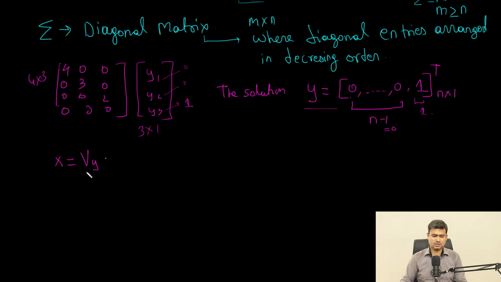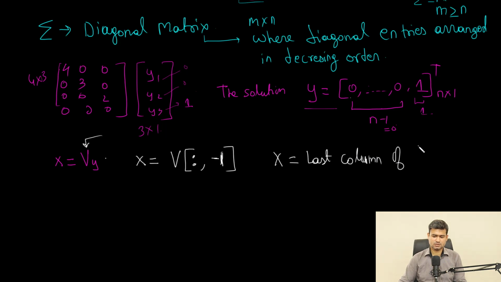So, it follows that x is equal to the last column of matrix V. If you write it in the format of MATLAB or Python, x is equal to V comma negative 1. In Python, the negative 1 index fetches the last column of the matrix V. So, x is equal to the last column of matrix V.